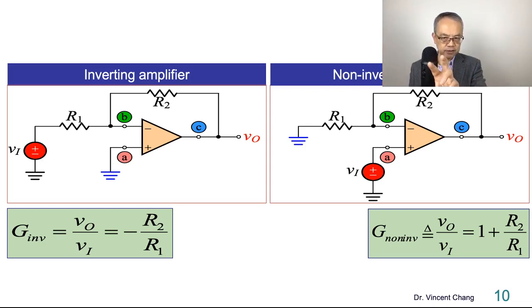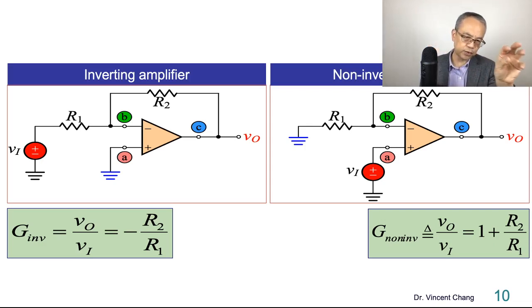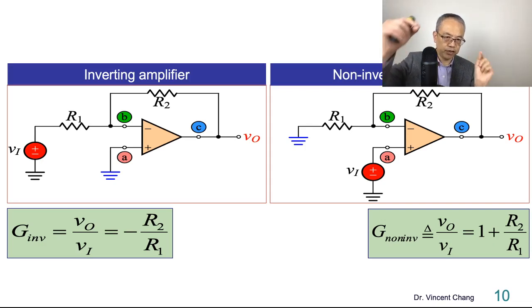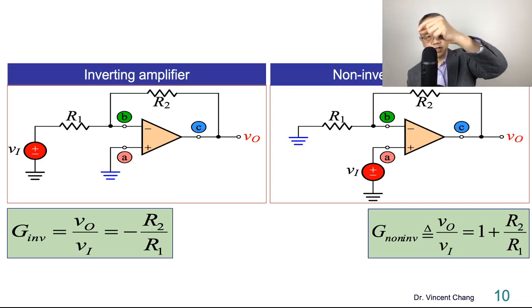If you flip the red VI and the blue ground, the ground goes to the VI and the VI goes to the ground, then it becomes the right-hand side circuit. And look at the right: if you flip the VI and the blue ground, you go back to the inverting counterpart.